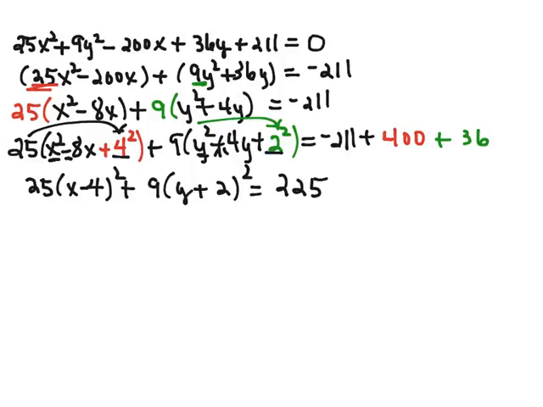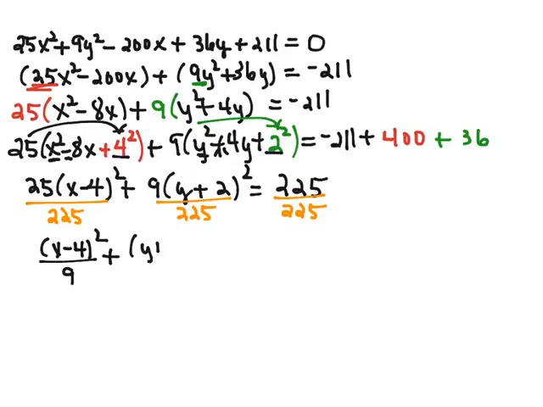And so the final thing we need to do is to divide each term by 225. And so when we do that on the right, 225 divided by 25 is 9. So this first factor is going to write x minus 4 squared over 9 plus y plus 2 squared over 25 equals 1. And so now we have our ellipse in standard form.